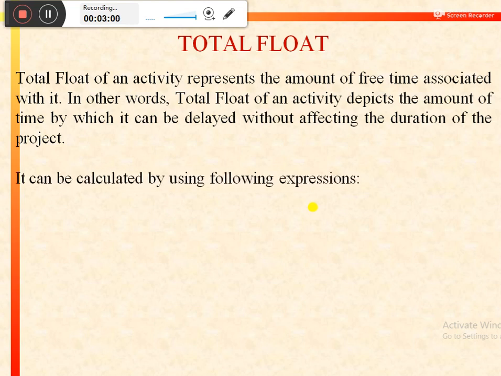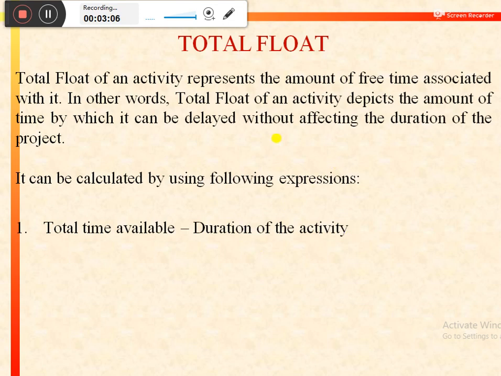There are different methods to calculate the total float of a given activity. Some of these are, the first one is that total float can be calculated by finding the difference between total time available to perform an activity minus the duration of that particular activity.